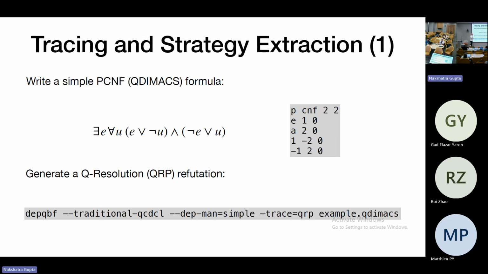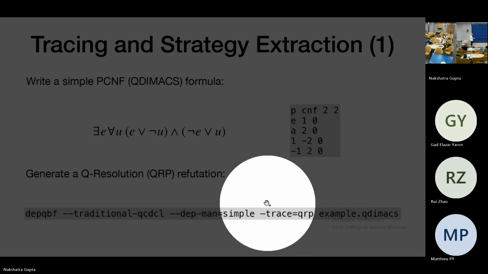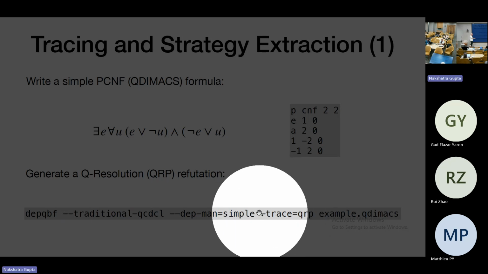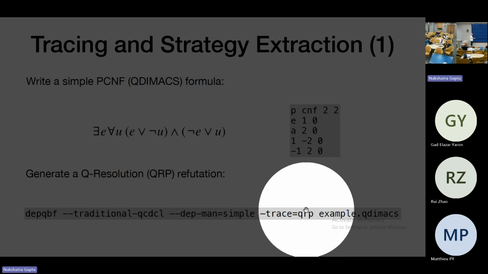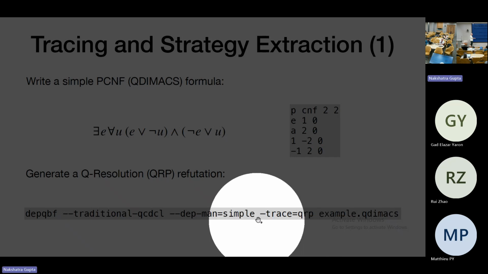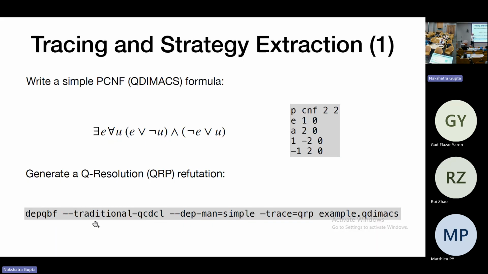But the crucial part here is that you write, sorry, I think this should be double dashes here, trace equals QRP, and then it will write the trace to standard out. And it will tell you which options you have to set in order for it to be able to generate the proofs. You need some other command line settings to be on so that it can generate the proof.